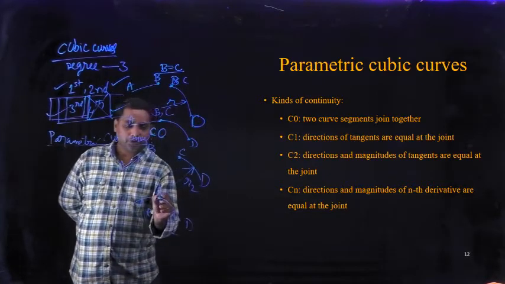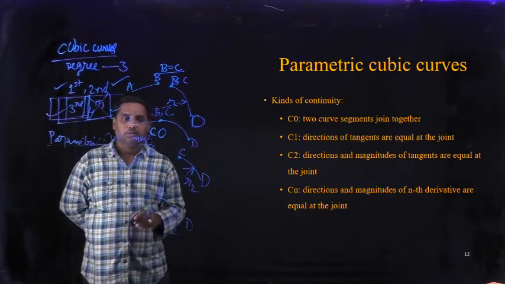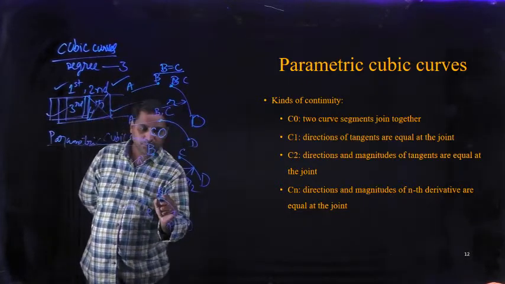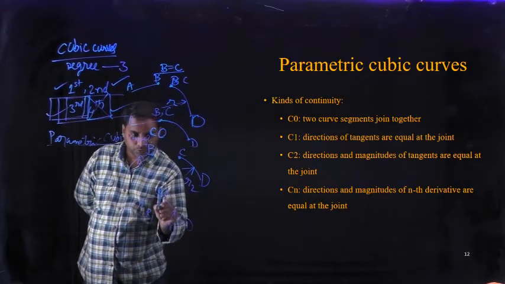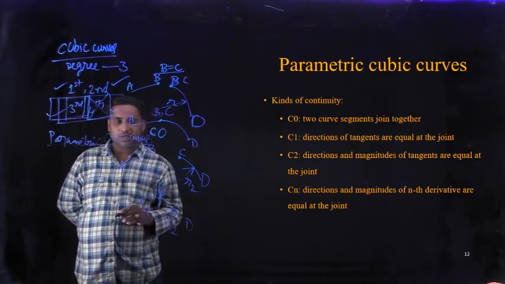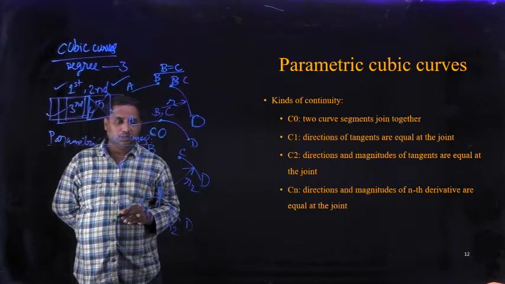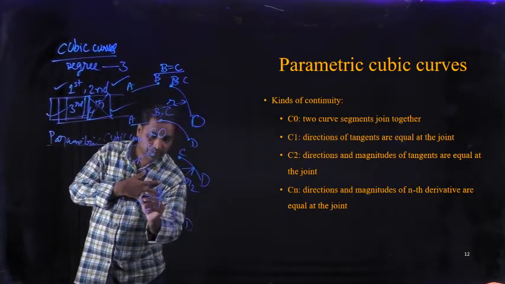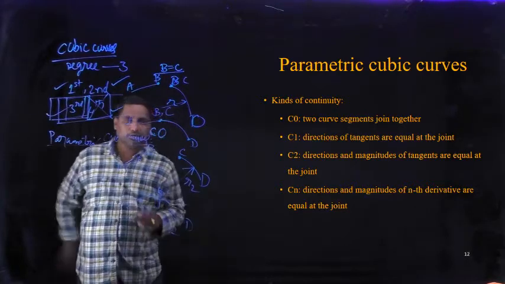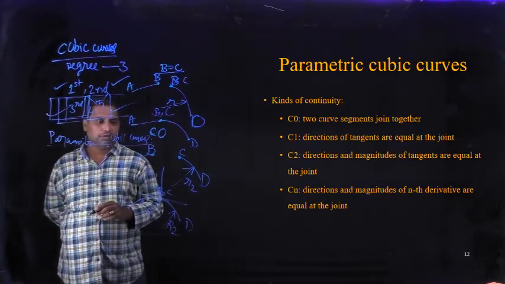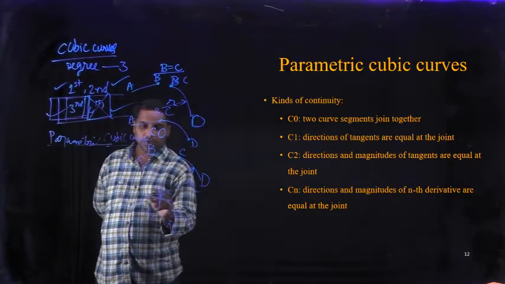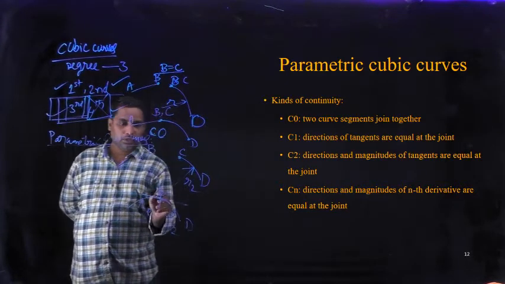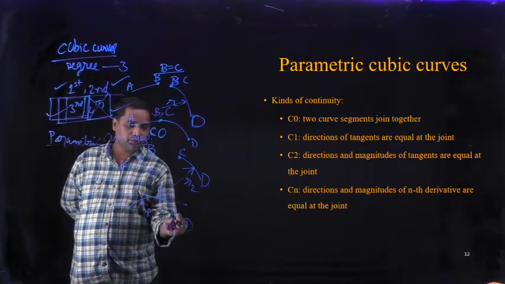So which type of continuity at the joining point? C1 continuity. Here you can easily observe that if you consider a tangent here like this, a horizontal tangent, the tangent to the curve AB at the point B coincides with the tangent at the point C for the curve CD.